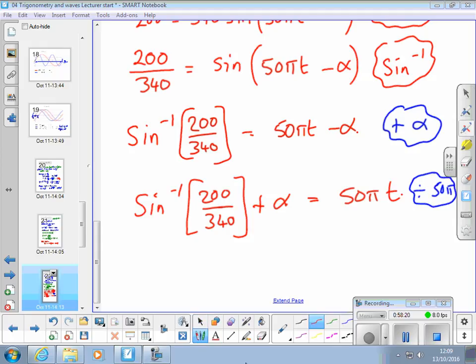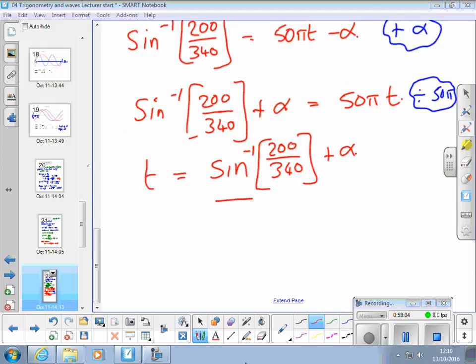And t is equal to the sine to the minus 1 of 200 over 340, plus alpha, all over 50 pi.